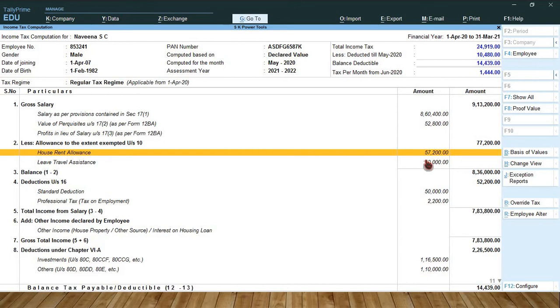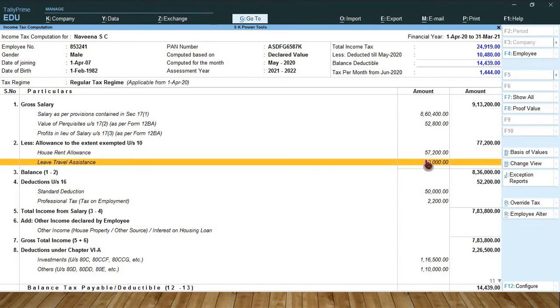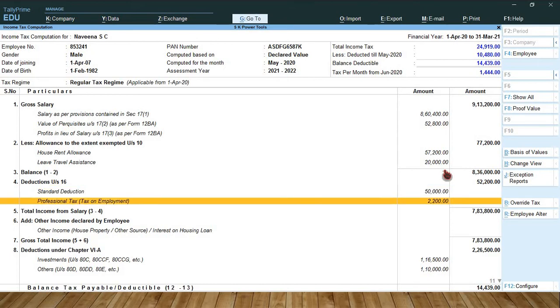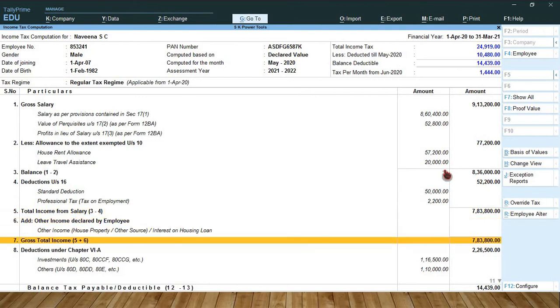And the other one, travel assistance, that is exemption 20,000, we already entered in the income tax declaration. Standard deduction. Friends, earlier it was 40,000, nowadays it is 50,000. Professional tax 2,200. So 200 rupees per month, 200 into 11, 2,200.